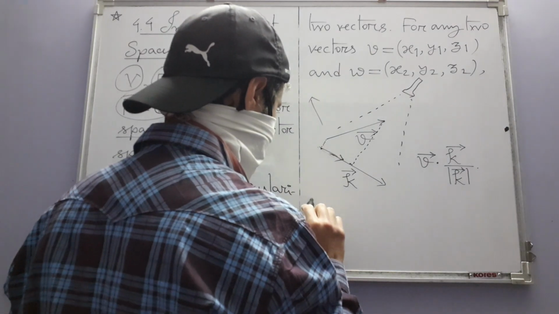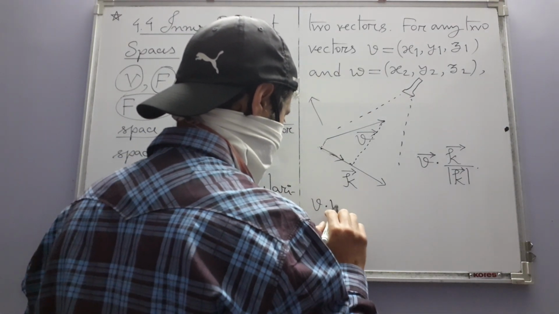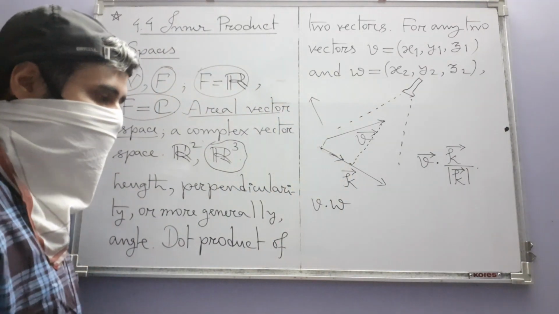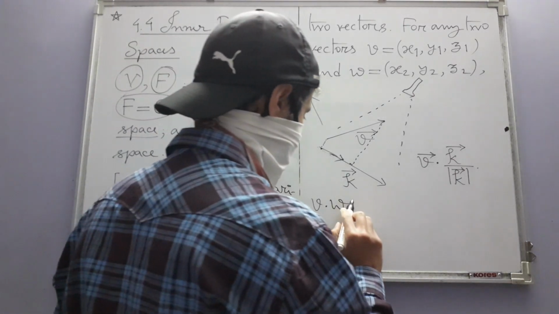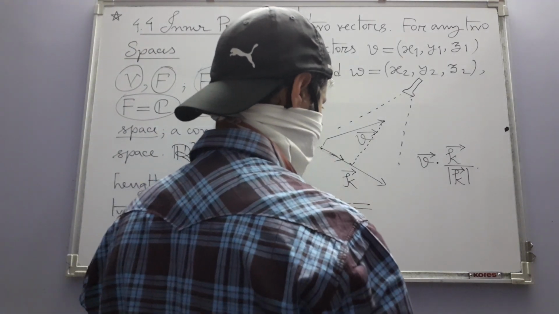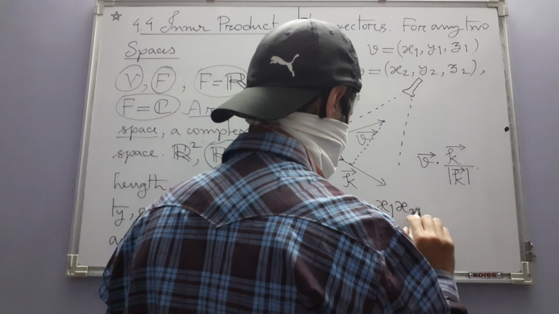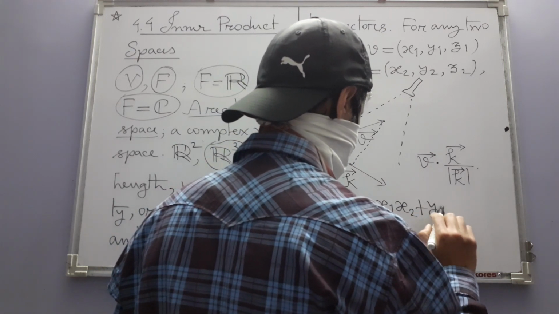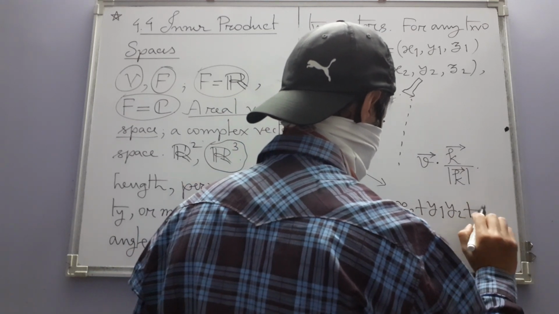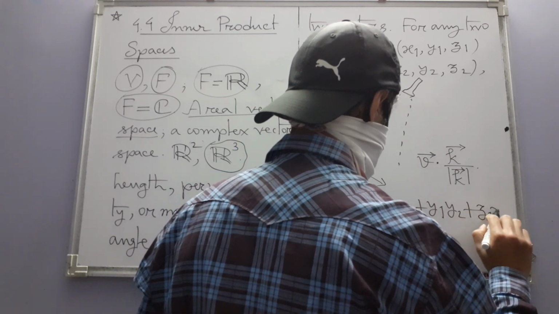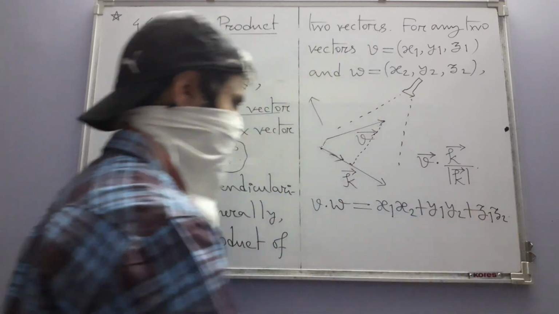Their dot product is denoted by v dot w and is defined to be equal to this scalar: x1 x2 plus y1 y2 plus z1 z2.